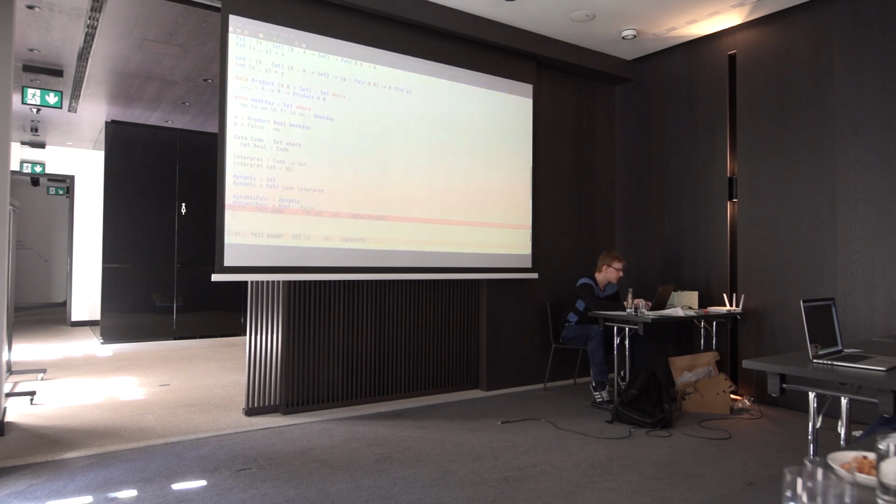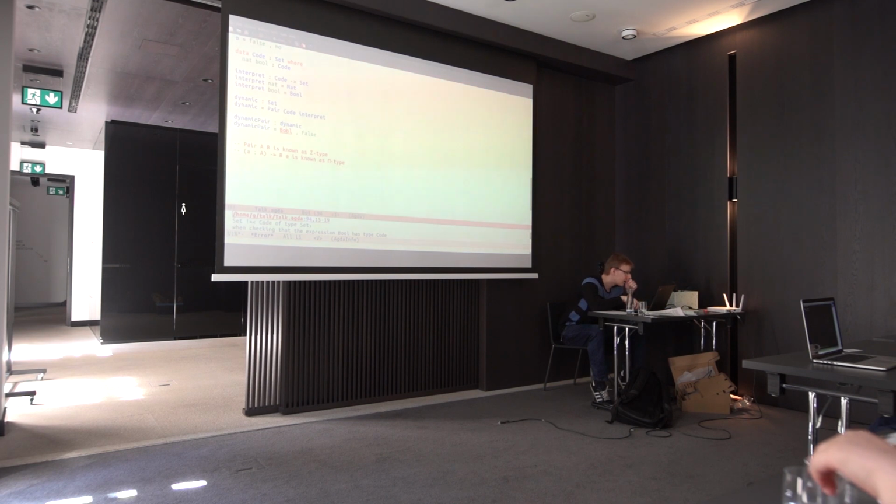So interpret of nut will be nut, interpret of bool will be bool. And now I can change this bool to lowercase bool, and this works. So that isn't ugly because it kind of introduces the distinction between types and values.